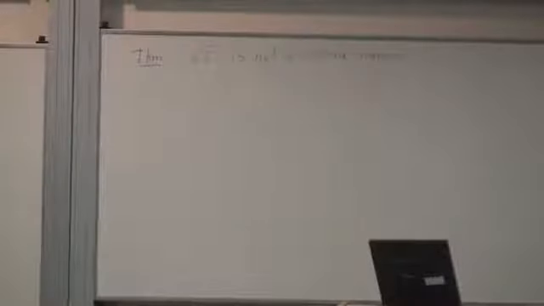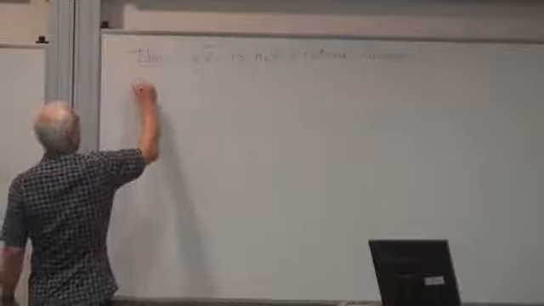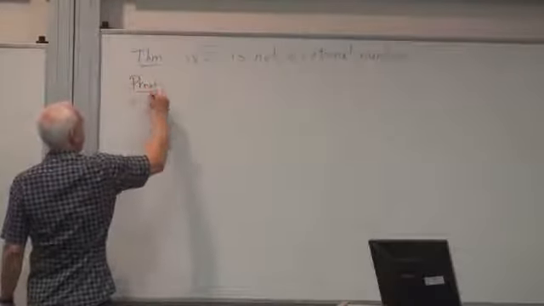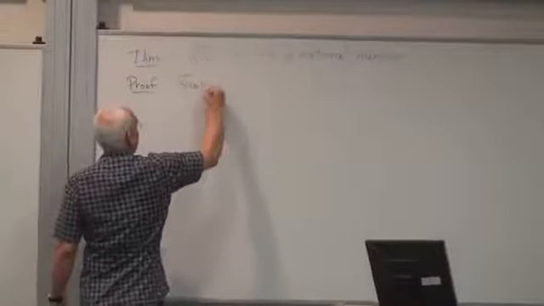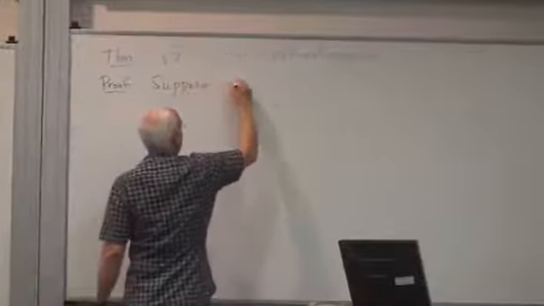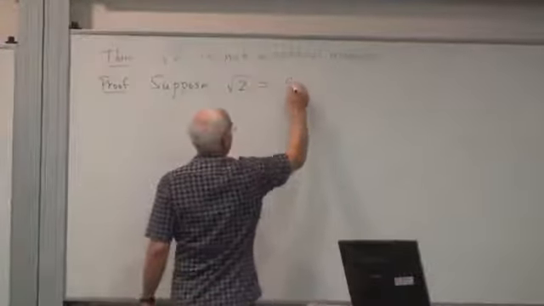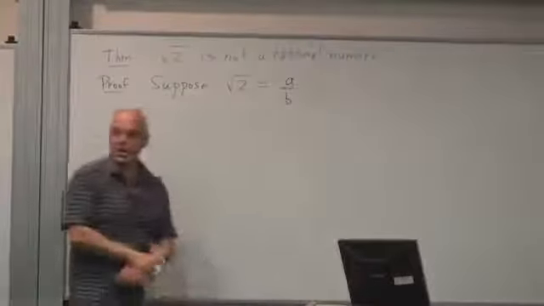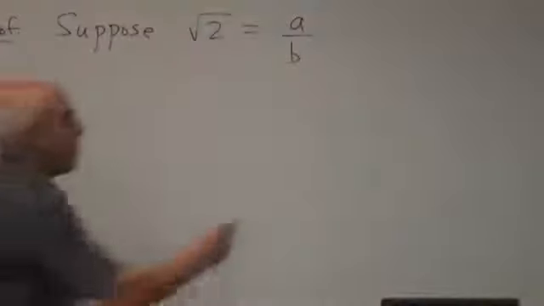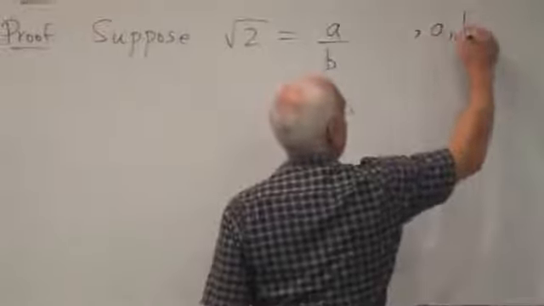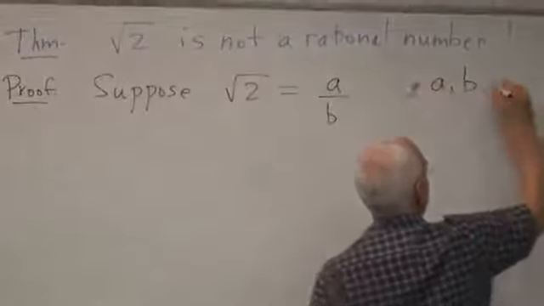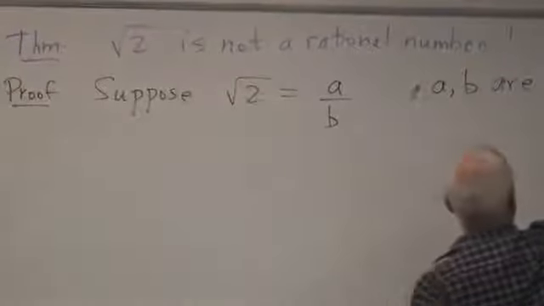Okay, it's a famous argument. So, proof. Suppose that root 2 actually is a fraction, a over b, where a and b are natural numbers.